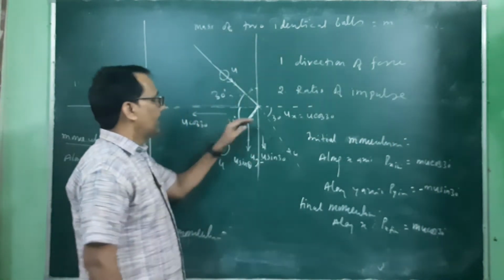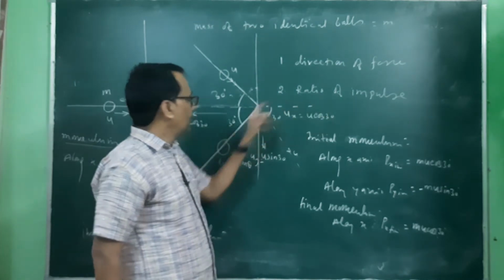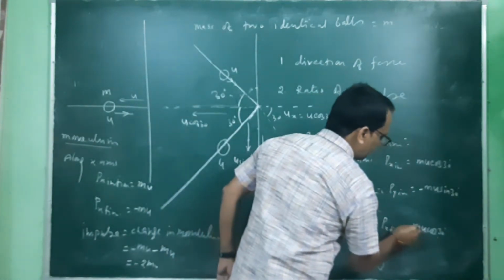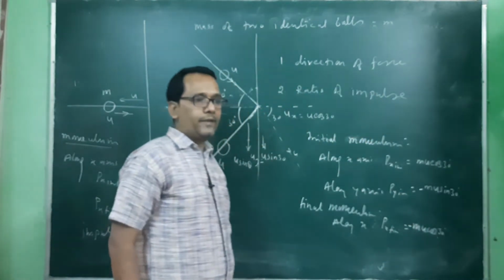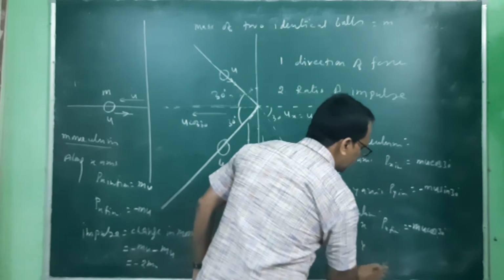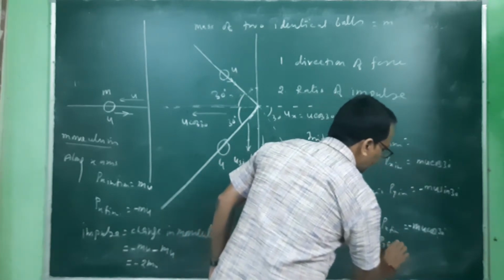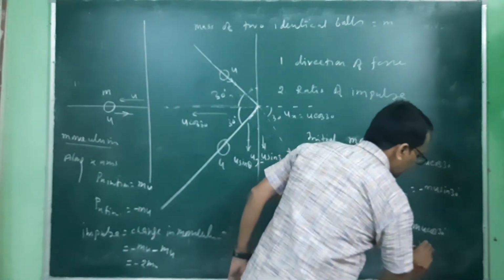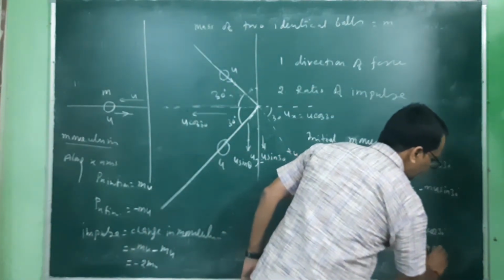Now, if we take this as positive, obviously we will take this as the negative direction, so this is minus mu cos 30. And along y, this is py final, which is again in the negative y direction, so this is minus mu sin 30.